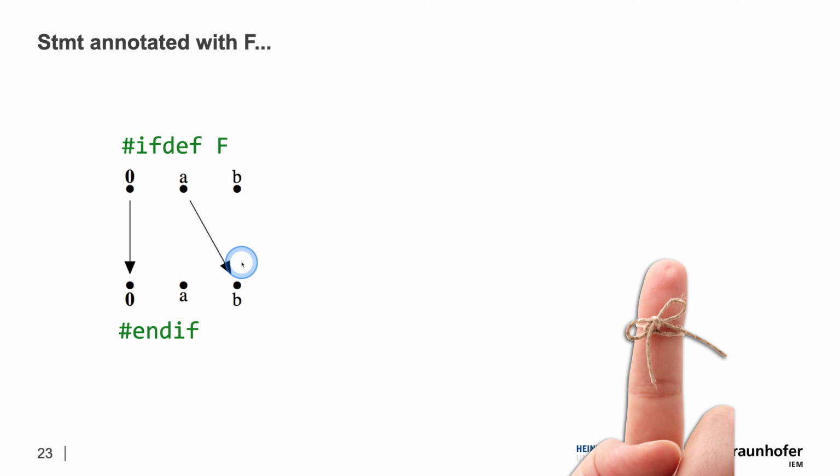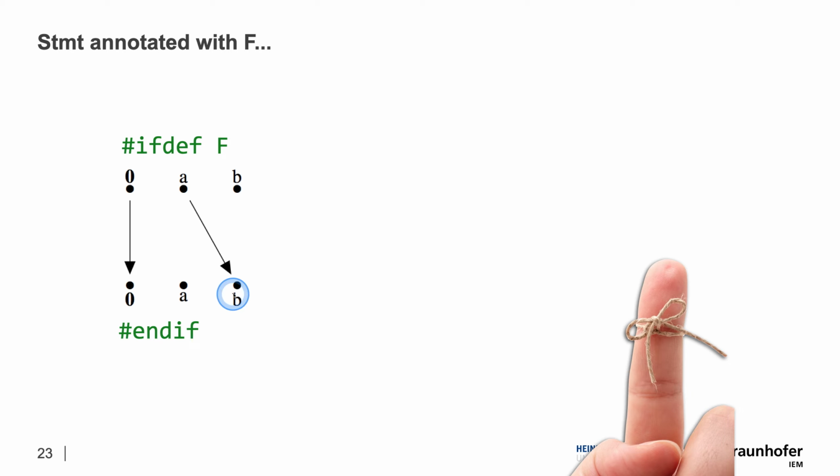We only assume there is a given statement and a given IFDS-based analysis, which for this statement generates this partial exploded supergraph here. So it forwards, for instance, some taint from A to B. That's what this could represent. But the statement is guarded using such an ifdef F, so the statement only is present in the code if the feature F has been enabled.